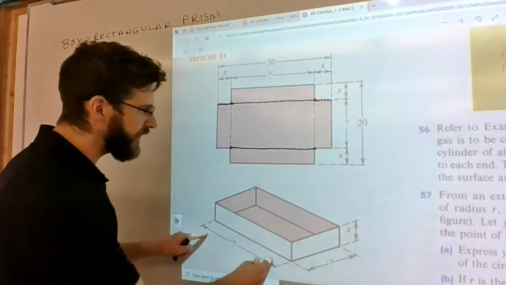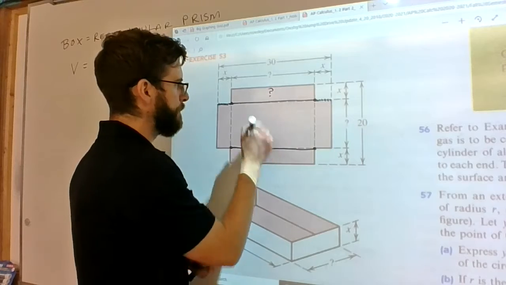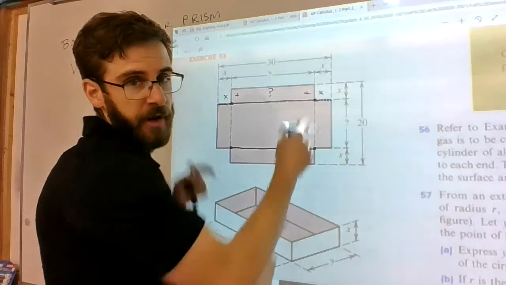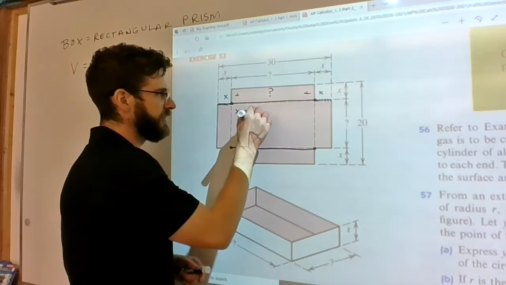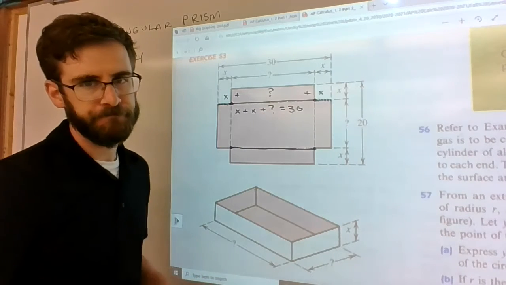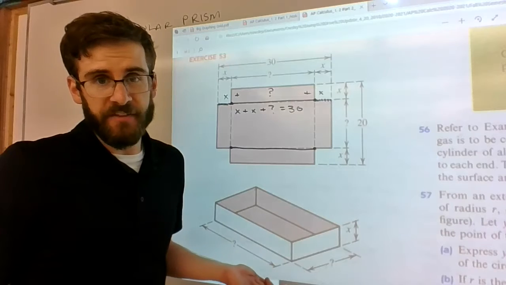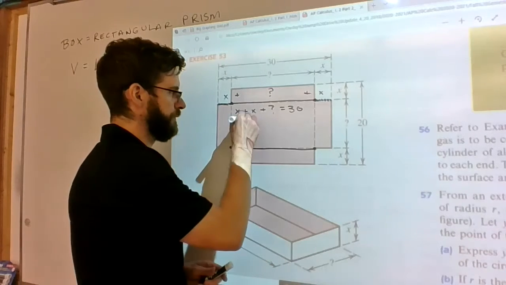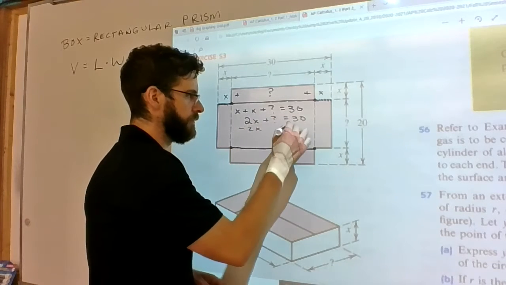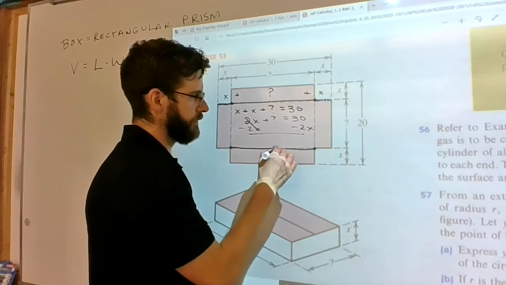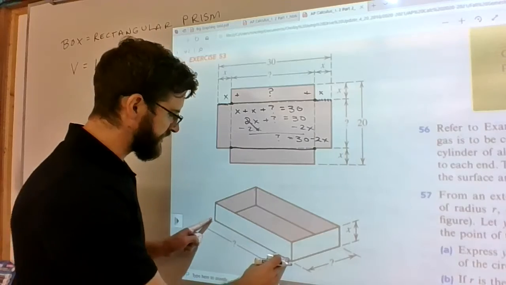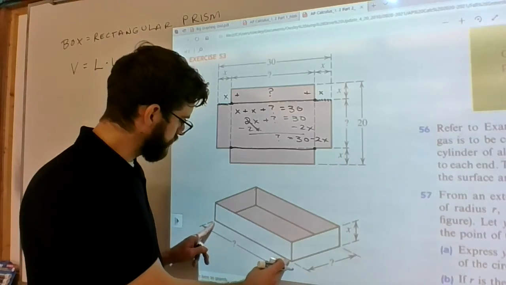So it's question mark plus x must equal this 30 right here. So x plus question mark equals 30. And then you just have to get the question mark by itself. So 30 minus x is this dimension here. I guess we could call it the length.